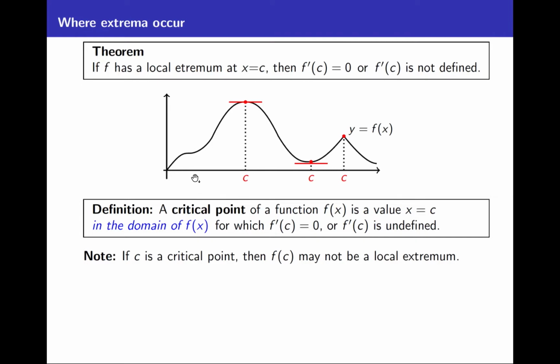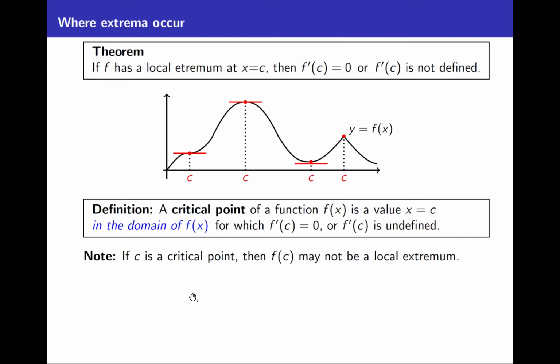You can see that here in this graph, right about there, there's a number c for which f prime of c is equal to 0. This graph, which was increasing, leveled out to a slope of 0, but rather than starting to decrease after that, it continued increasing. So this c, because f prime of c is equal to 0, is a critical point of our function f, but there's no extremum there.